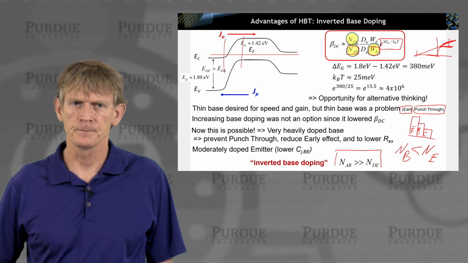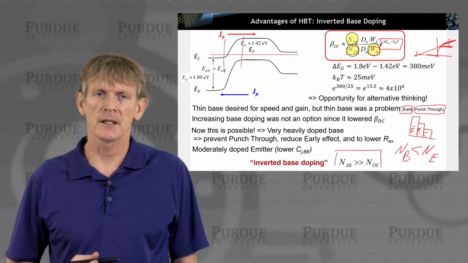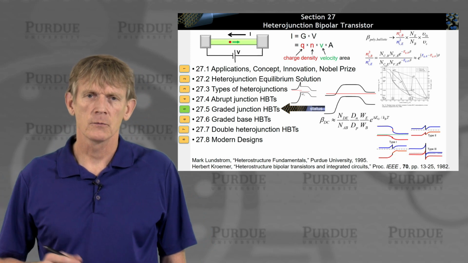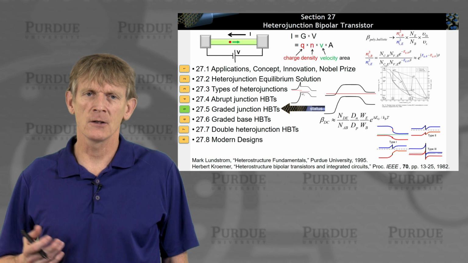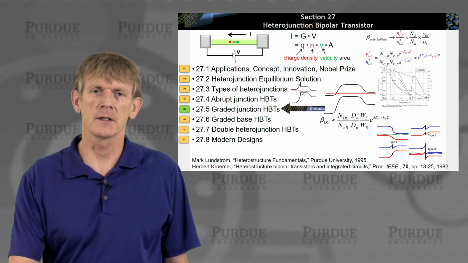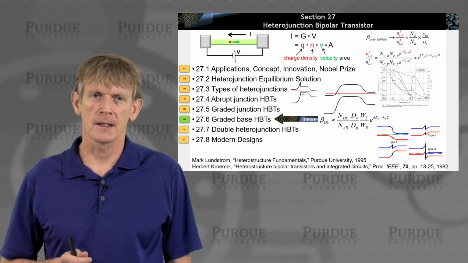Now you can flip it. So that's the opportunity that this heterostructure affords. Okay, so we talked about a graded junction. Seems like we've gotten all we want, but there's a little bit more you can tease out, and that's going to be the graded base HBT. And we'll talk about that in the next section.